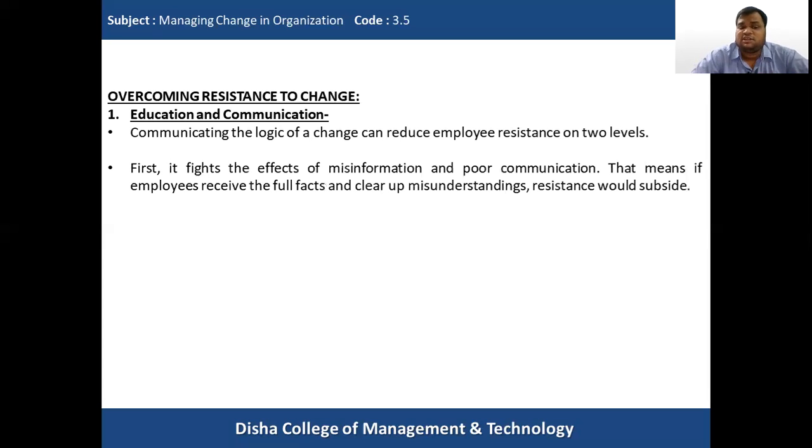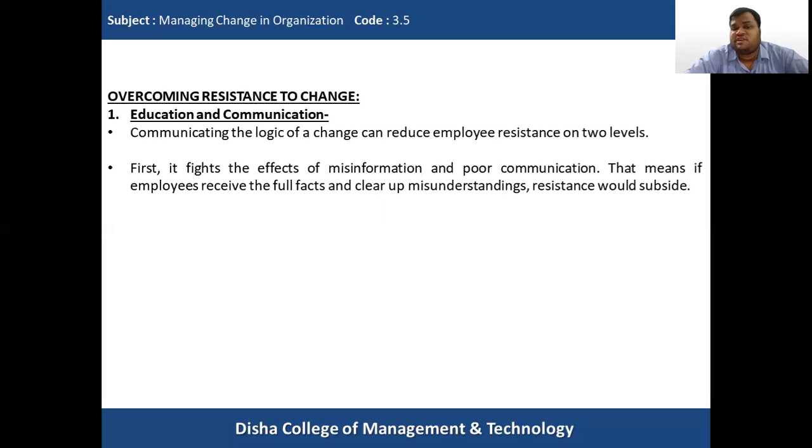First, it fights the effects of misinformation and poor communication. That means if employees receive the full facts and misunderstandings are cleared up, resistance would subside. So the first way this communication of the logic behind the change helps the organization is that it removes the effects of misinformation or poor communication.